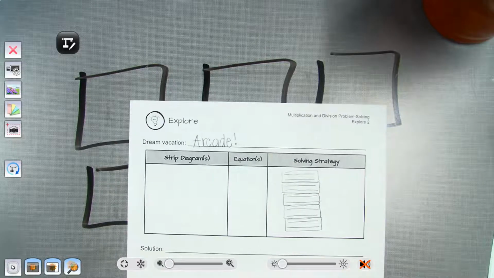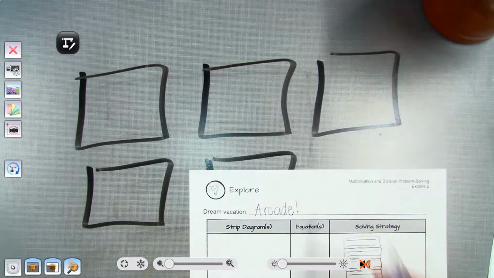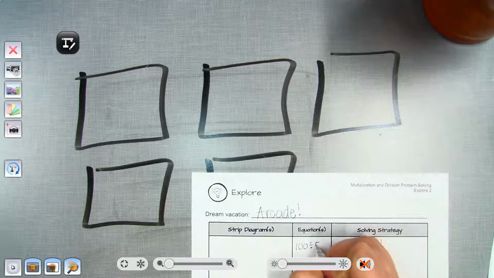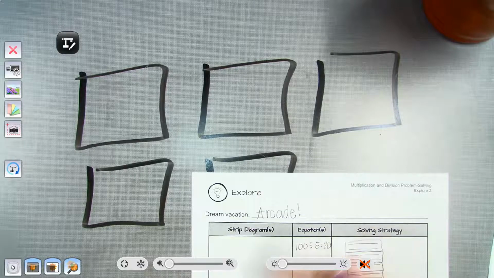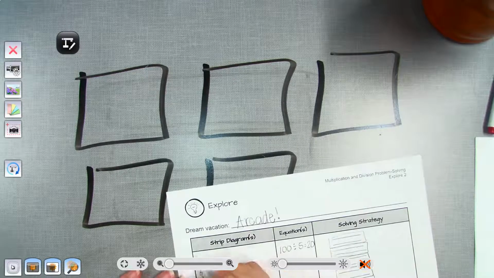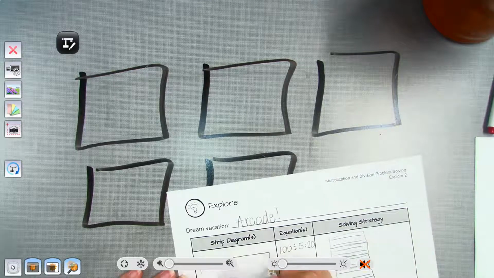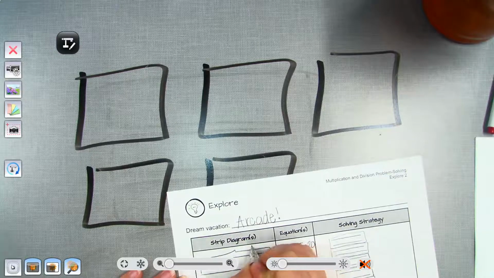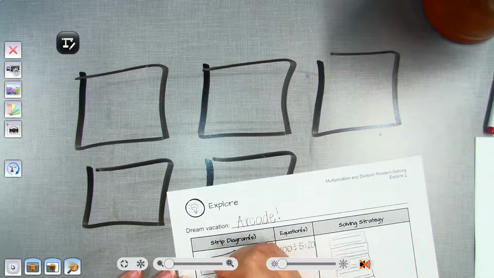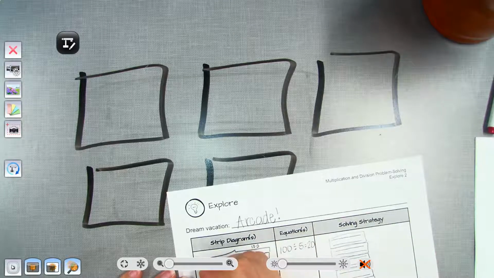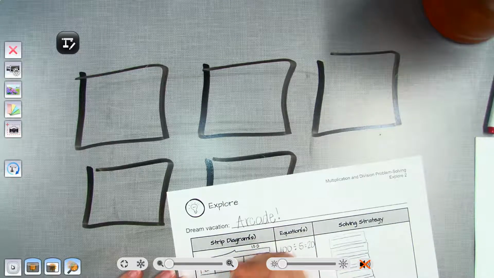Okay. So that means that I did 100 divided into 5, which gave me 20. Now, my strip diagram would look like this. So I have 100 tickets. I'm going to divide them into 5, which means each person would get 20.